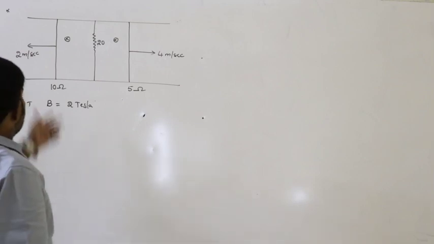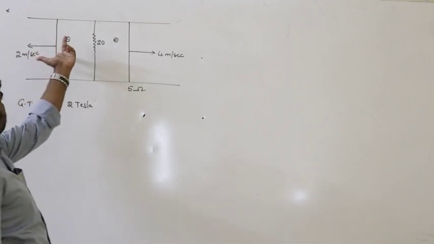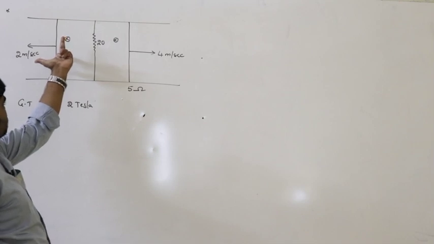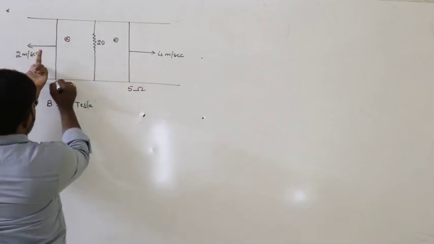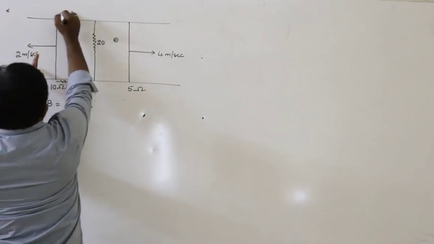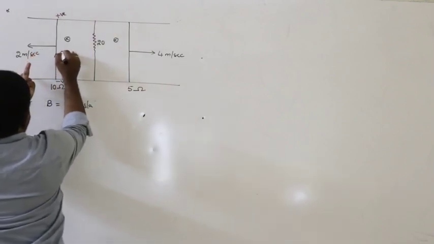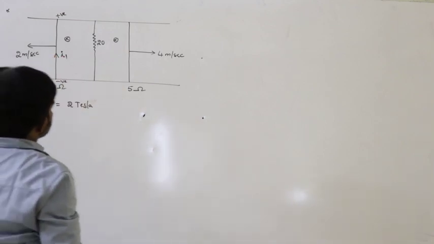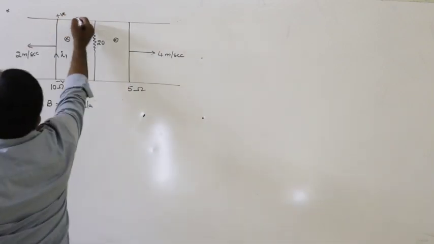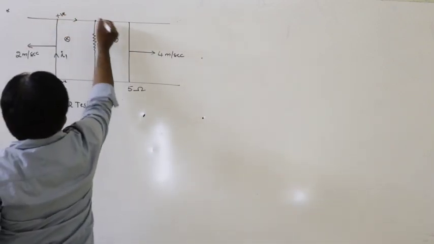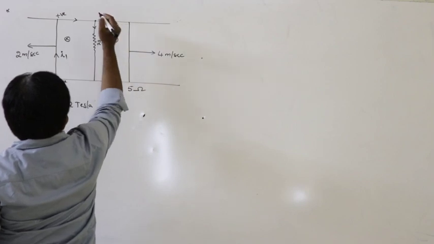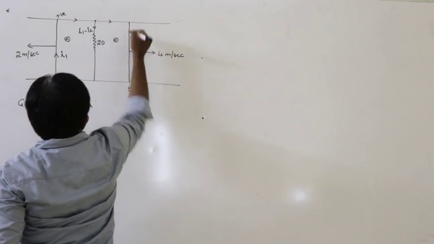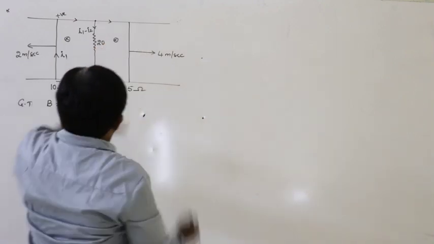If it is moving like this, what is the direction of the induced currents? This is the negative terminal and this becomes the positive terminal, and this is I1, the current that passes through this. Here I1 divides into two components, so this is I1 minus I2, and here it is I2.